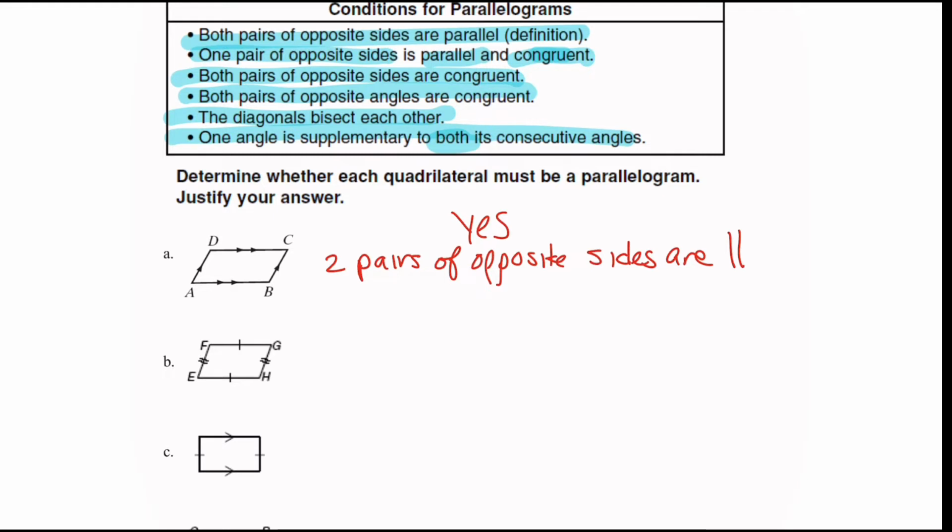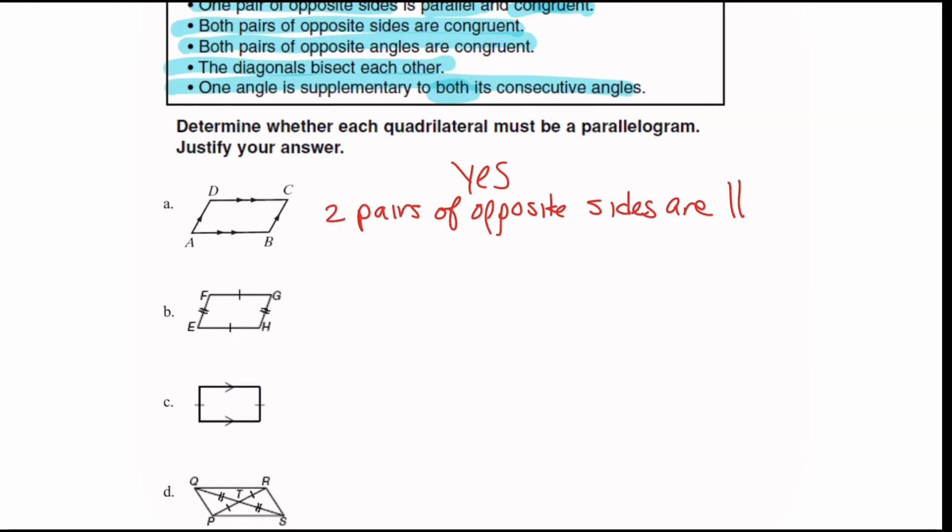In the second picture, we have one pair of opposite sides congruent and another pair of opposite sides congruent, so yes, because we have two pairs of opposite sides congruent, same measure.